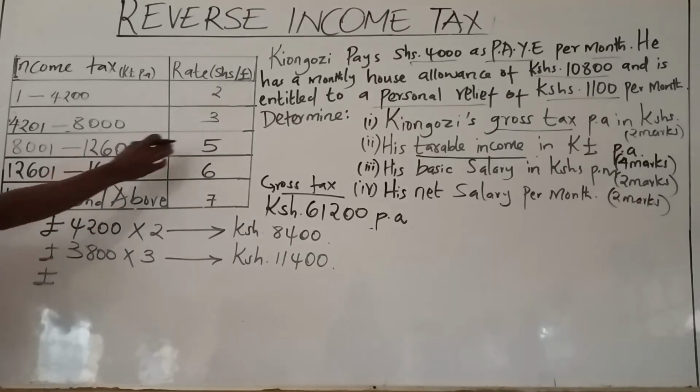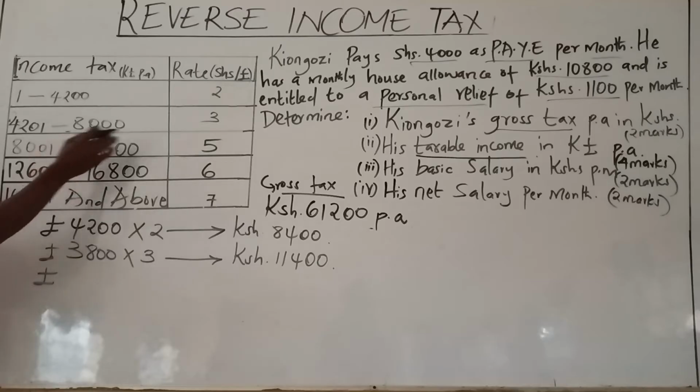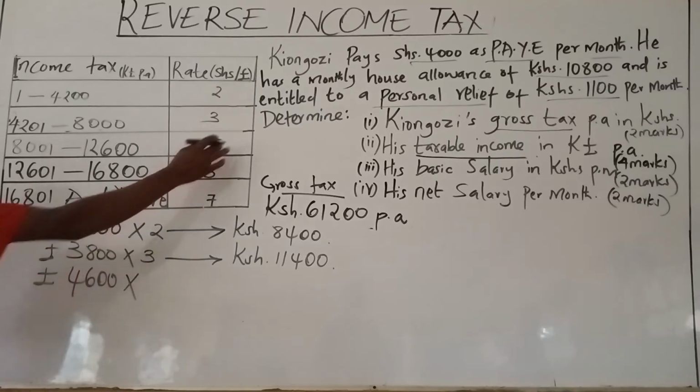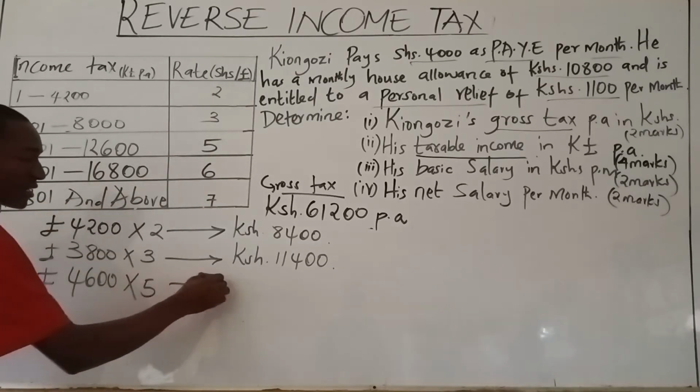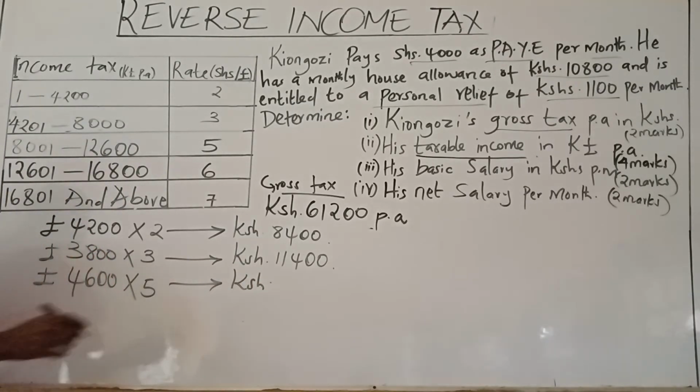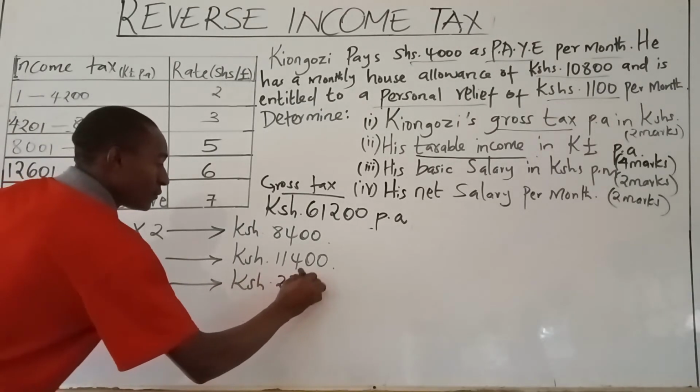The next slab is this one, and we shall say 12,600 minus 8,000, which is 4,600. You multiply with 5. This gives you 23,000.